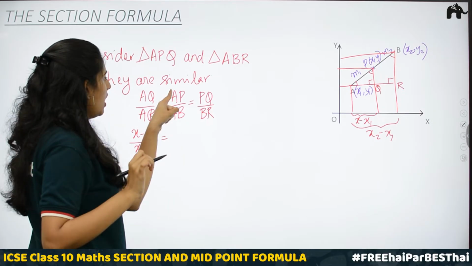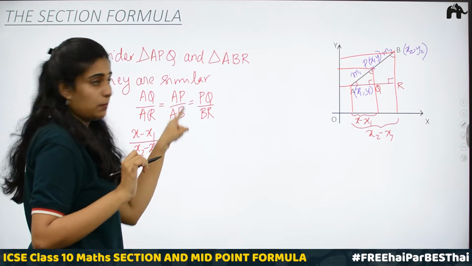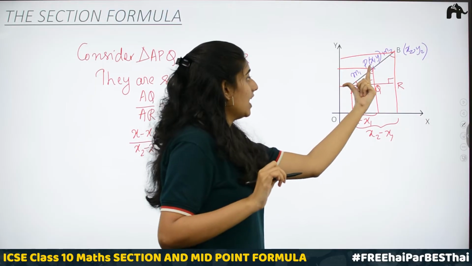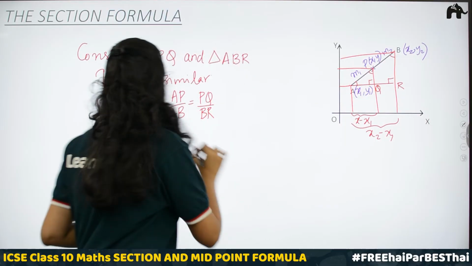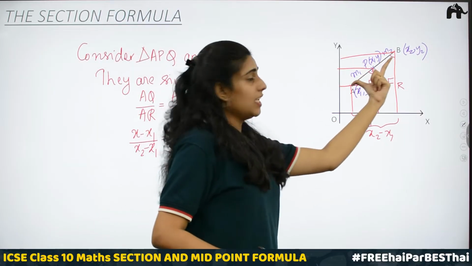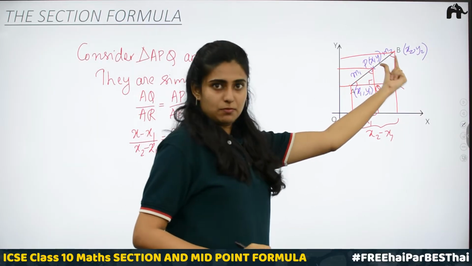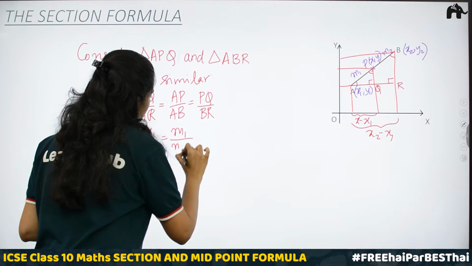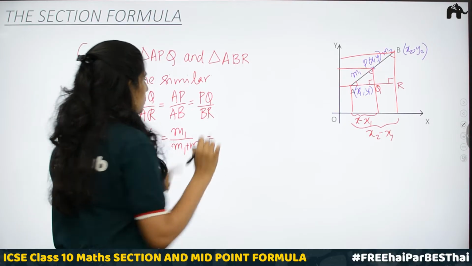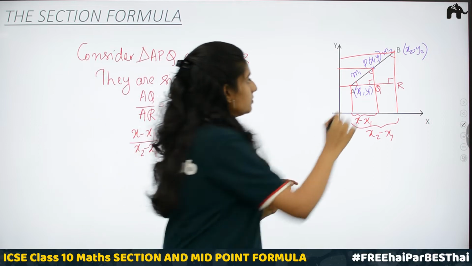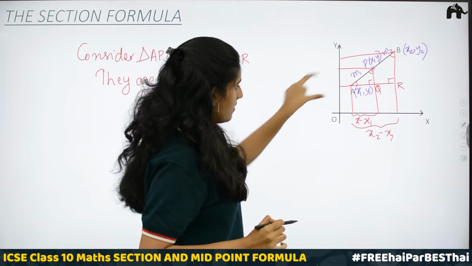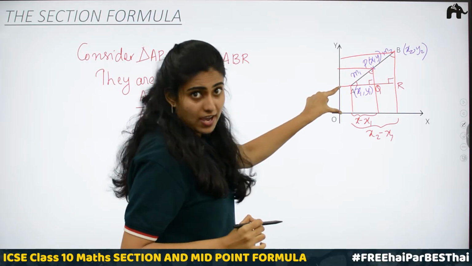Equal to. Now, AP by AB. What is AP? This part is AP. Here we have AP of length M1. M1 divided by AB, which is M1 plus M2. Equal to. What is PQ? Here we have PQ. This total length is Y and this part is Y1.